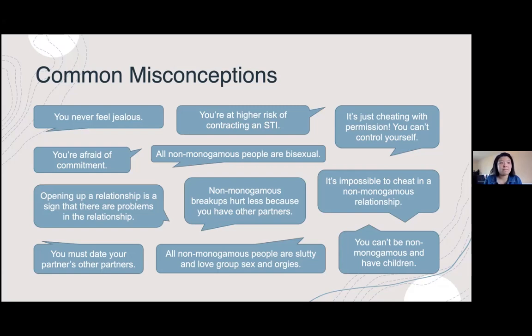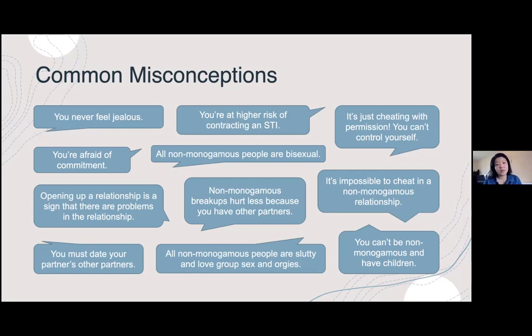Essentially, jealousy is an emotion. Most people experience it. It doesn't mean that you can't be non-monogamous. And I could go on a whole different rant about this, but jealousy is often indicative of needs that you have that are unmet, or something that you haven't communicated with your partner about, or something that's telling you about your insecurities, your trauma, and that kind of thing.